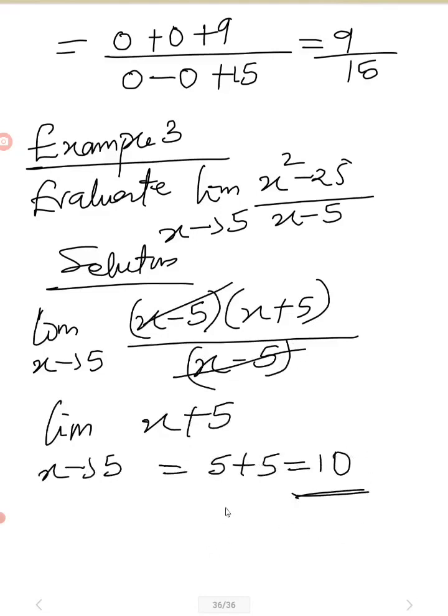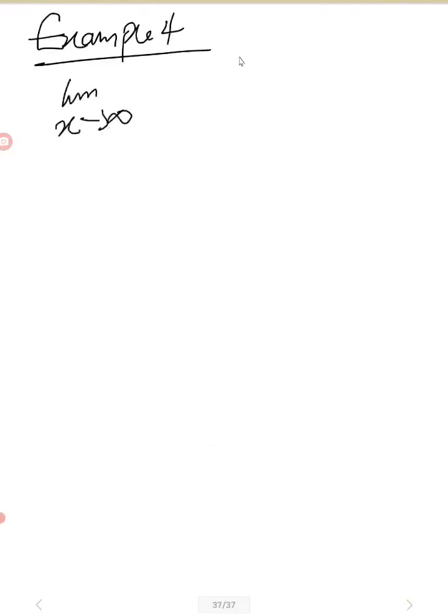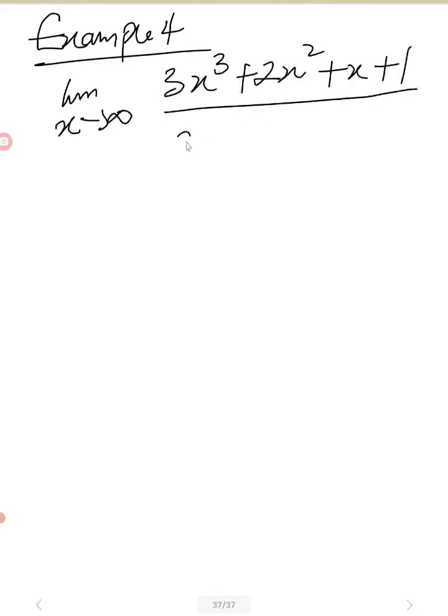So I will also want to solve the last example. Let me have example 4. It says the limit as x tends to infinity of x cubed plus 2x squared plus x plus 1 all over x cubed plus 2x plus 5.